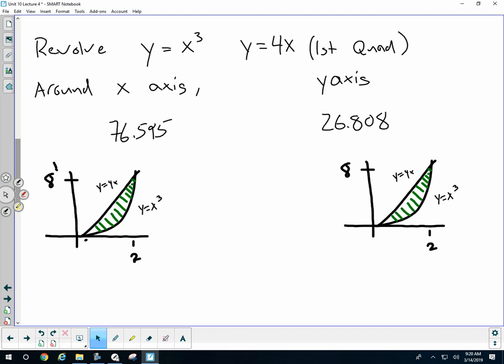Cylinders going to the outside is going to go all the way from the top, the outside, all the way to the bottom. The cylinders for the inside will be like the inner parts. So you get 76.595. Please help your neighbors if you are not getting it and you're not understanding.